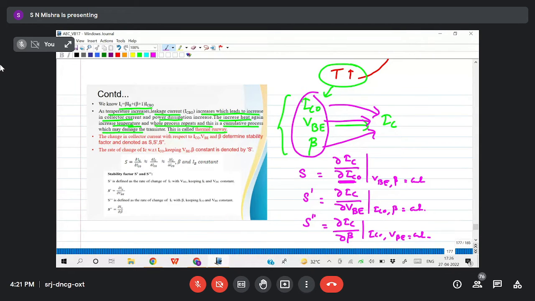Like you have studied partial derivatives in mathematics, any equation you can take and do the partial derivative. Once I go for the fixed bias circuit, we will also find this stability factor there. Understood? That is mentioned here. The rate of change of IC with respect to ICO, keeping VBE and beta constant, is denoted by S, and similarly S dash and S double dash.